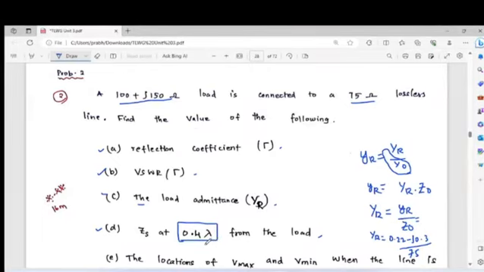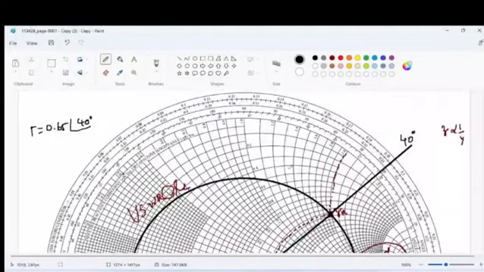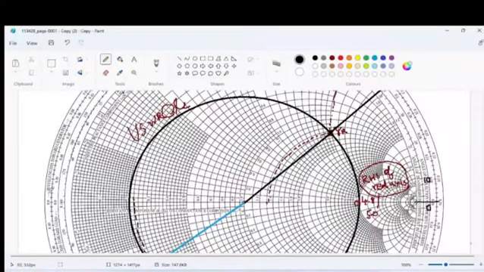From the load, you need to travel 0.4 lambda towards the generator. For that, look at this Smith chart. This is where your wavelength towards generator scale is. Already I told you, always look at the wavelength towards generator scale, because we are at the load and we need to move towards the source, the generator.